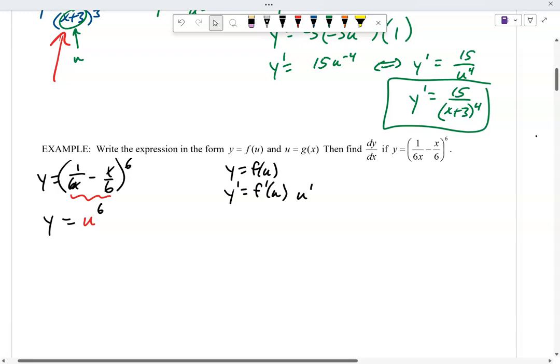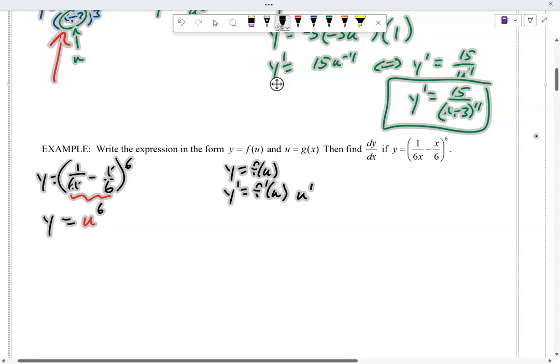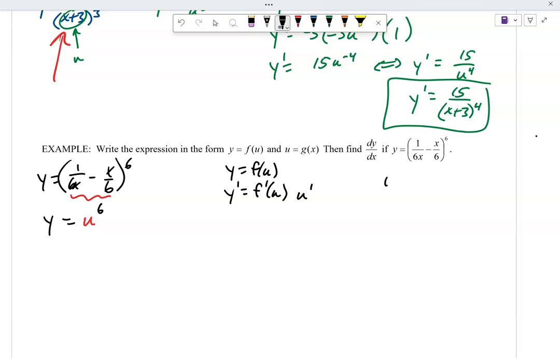Let's go to the side and note our u here is 1 over 6x minus x over 6. In other words, 1/6 x to the -1 minus 1/6 x. That's our u. So it's a composite function again. We wrote it as a composite function, so we've got y equals u to the 6th. Let's take its derivative.